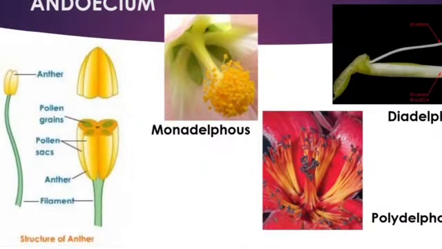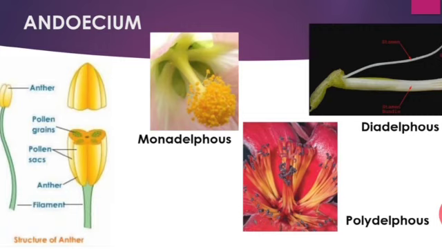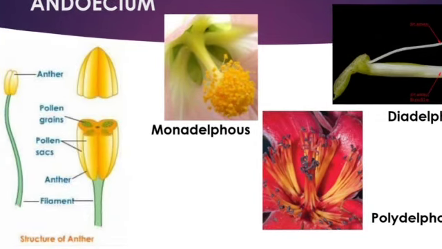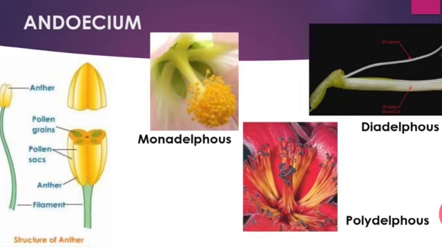Now moving on to our next part, androecium. Androecium is the male part of the flower. It consists of two parts, the filament and the anther. The stalk-like structure is the filament and the bulb-like structure is the anther. If we take a cross section of the anther, we can find small sacs.